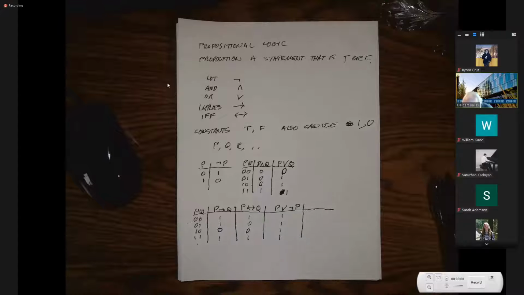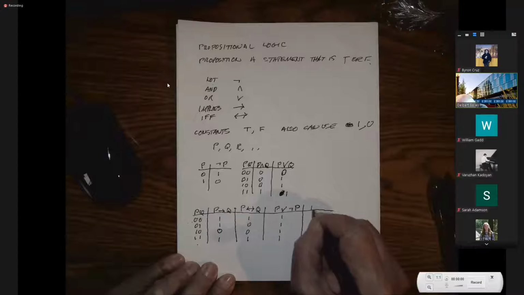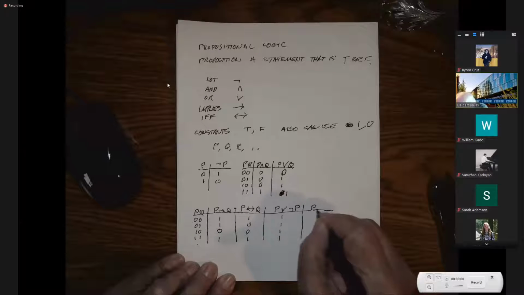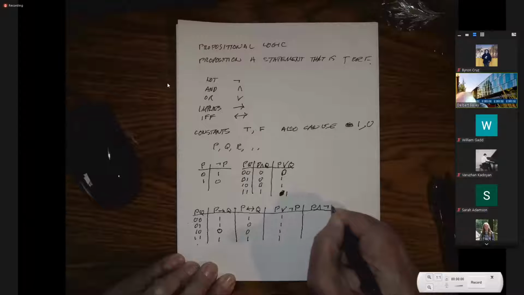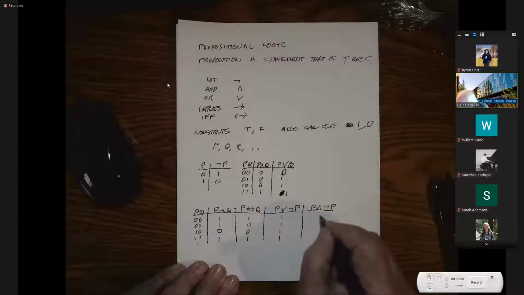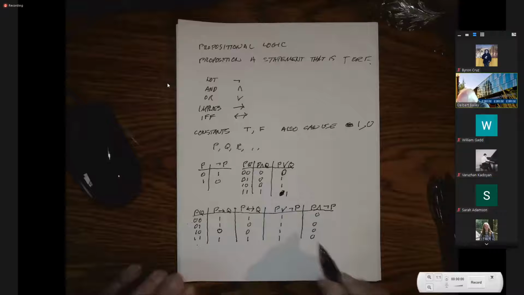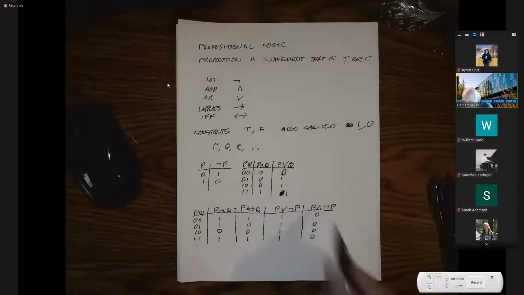Contradiction is just the opposite of the tautology. It's something that's, excuse me, it's something that's false. So for this, it's going to be false for all of them. And of course, this follows just from the definition of the not and the and. Any questions on that?